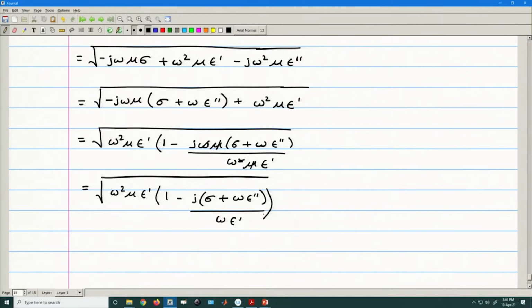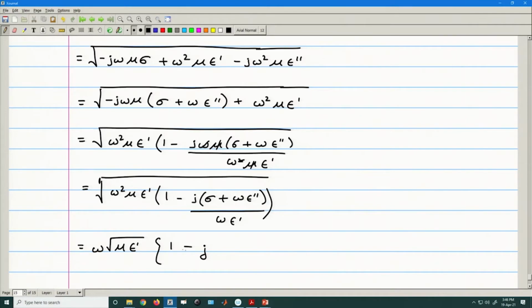Now, this omega square mu epsilon prime, I am just taking it outside the square root. So, we will have omega mu epsilon prime, okay, and then we are having here 1 minus j, and this term we can write in terms of q.